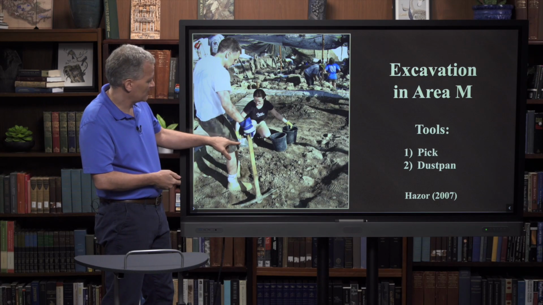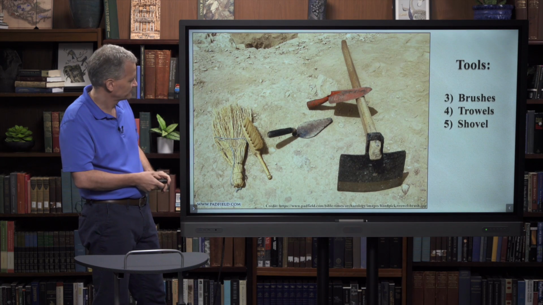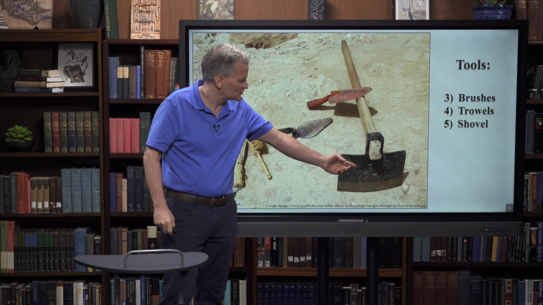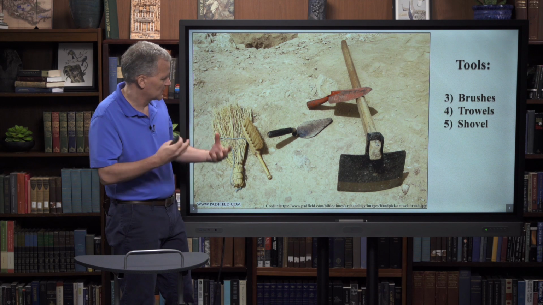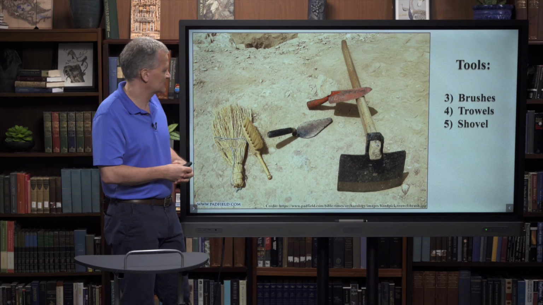And a dustpan, of course, can be used to scoop into the buckets, and then away they go. Other tools that are important, a shovel such as this. This isn't the typical shovel that we use in the United States, but it's a shovel that will allow us to be able to scoop much better and without hurting our backs in the process.